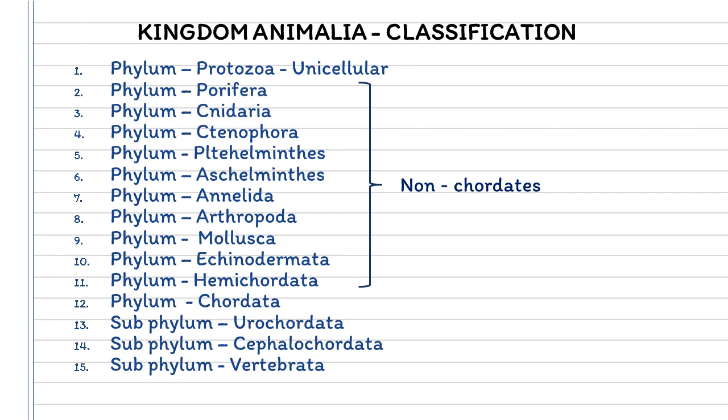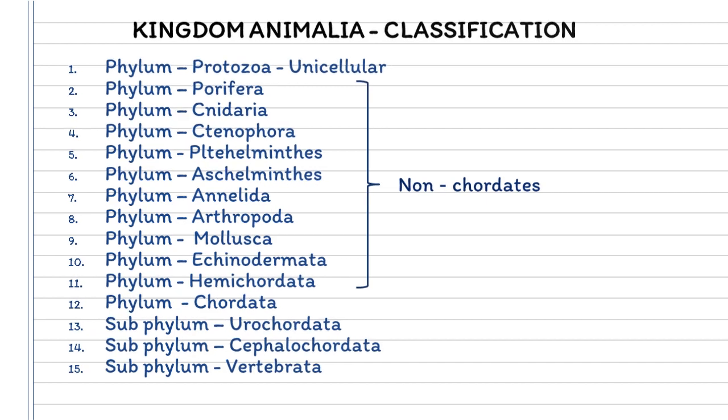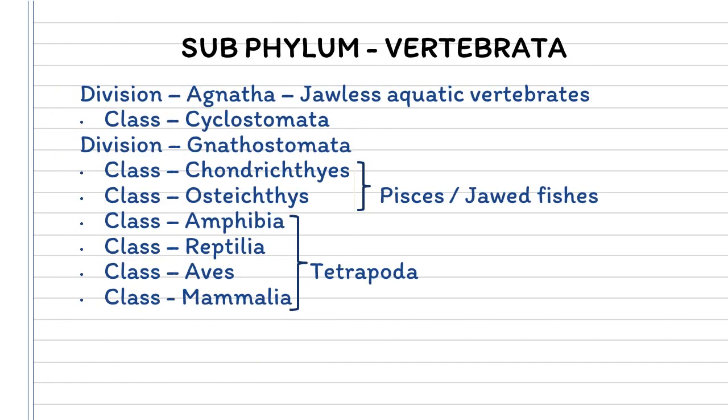Now, let us look at the classes belonging to the last subphylum, Vertebrata. The subphylum Vertebrata consists of actually 7 classes.